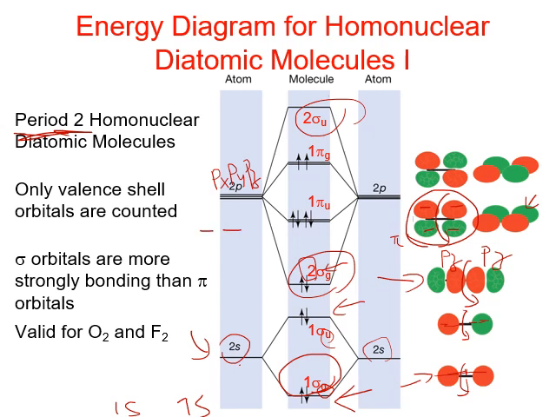So you have 2 bonding pi orbitals, and the px and py also form 2 anti-bonding orbitals. These 2 energies look like this, and they are pi bonds because when you rotate they change sign, and the energy is higher. So this is a complete energy diagram, and for reasons we are going to talk about in the next slide, this energy diagram is suitable for oxygen and fluorine.